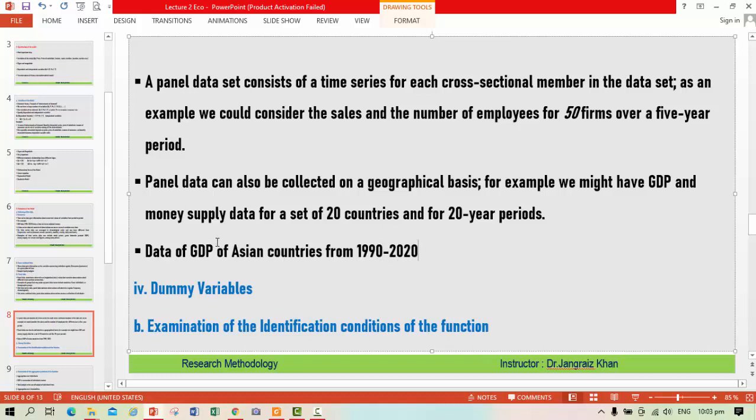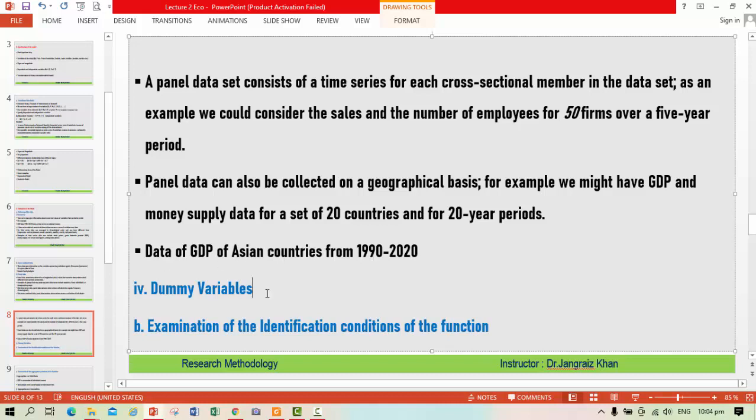It is a panel data set because in 1990 we will have the GDP of Pakistan, India, Bangladesh, Sri Lanka, Maldives, Nepal. So it is a cross section. In 1991 we will have the same, 1992, 93, 94. So every year we will have cross-sectional data, a cross-section of the countries. And we also have the period to period, 1990 to 2020. So it is a good example of panel data.